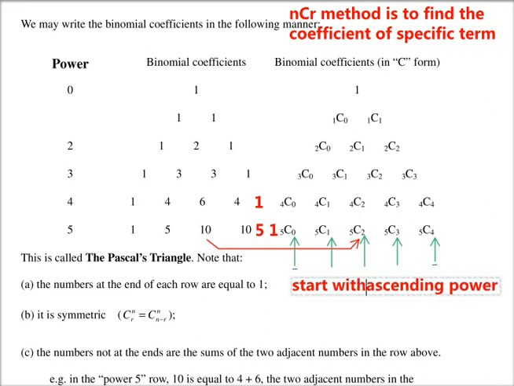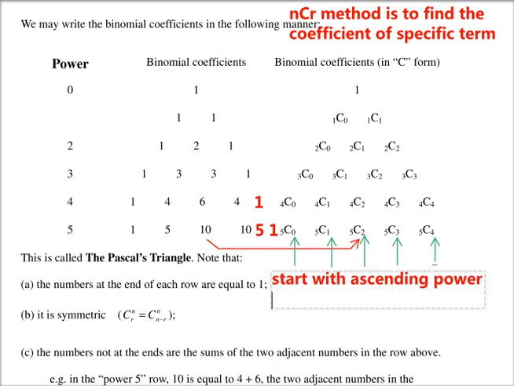Start with ascending power. Something like the second term, as same as the second term's power. Now, the second term's power is starting from 0. For the second term, it starts from power 0, power 1, power 2, etc. Got it? So the last one here should be a 5C5.